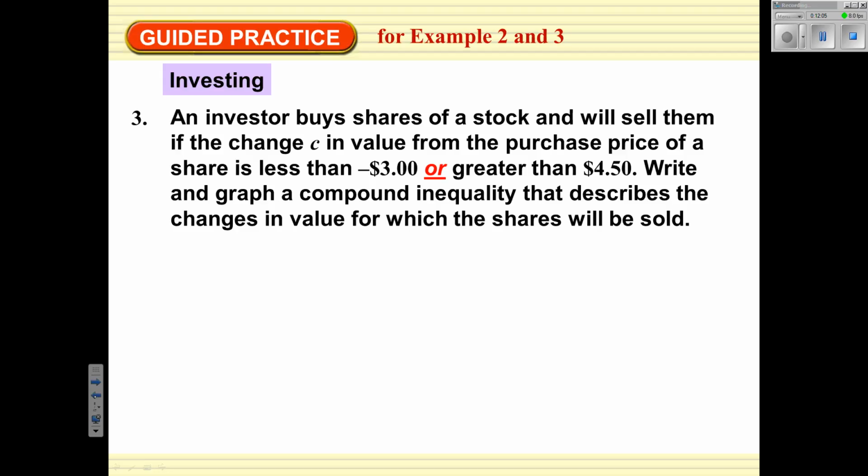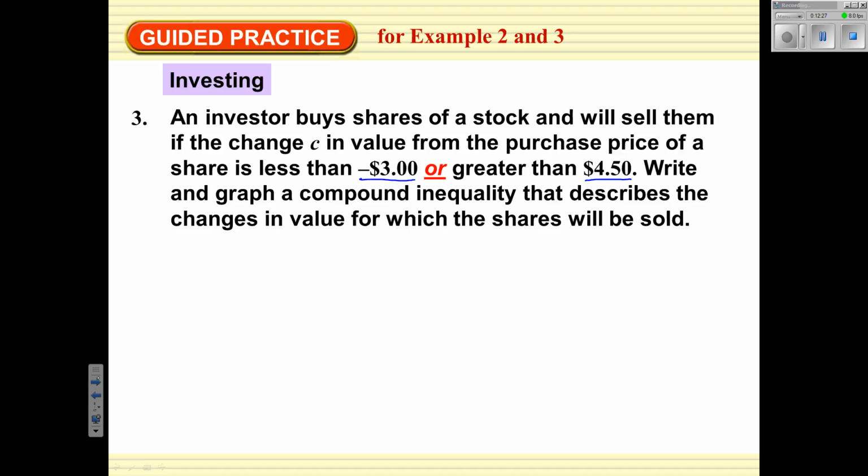What this means is if it goes down by $3 or increases by more than $4.50. So if it drops a lot or increases a lot, that's when they will sell them. And it's an "or" statement, so that means only one of those two things has to apply.